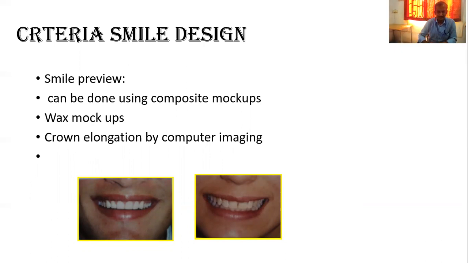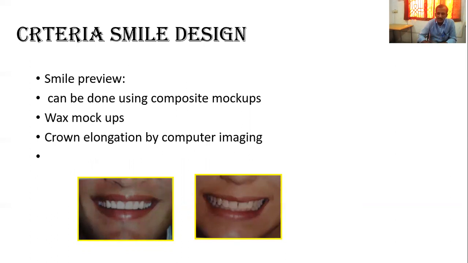A mock-up is where you take the negative replica of the patient's tooth structure. You do it in the lab. You do composite mock-ups or wax mock-ups, or with the help of computer imaging, you can vary the length of the tooth.